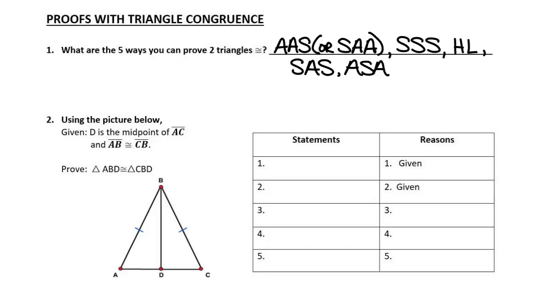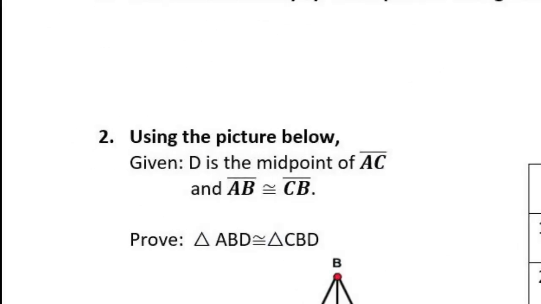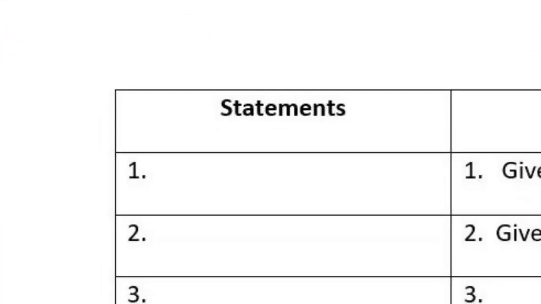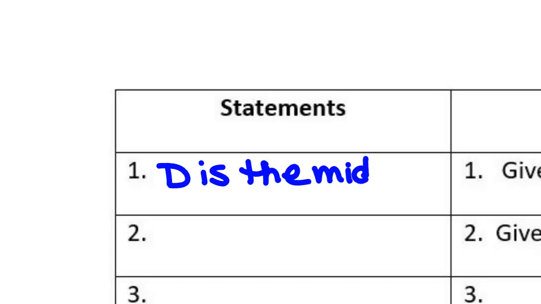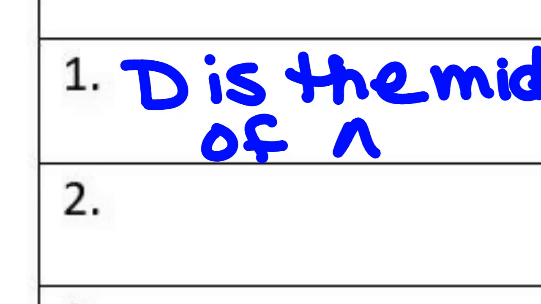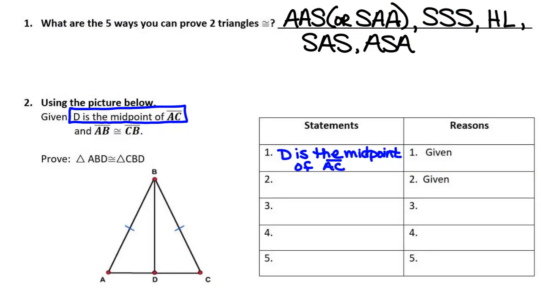So first thing I'm going to start with on number 2 is that D is the midpoint of AC. And we're allowed to say that because that was part of our given information over here.